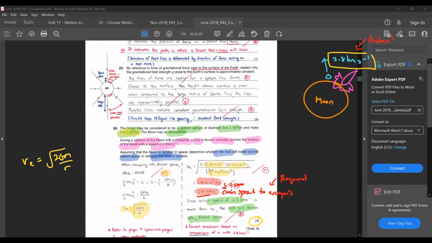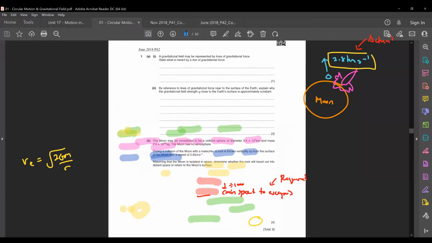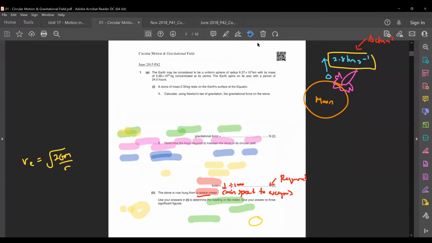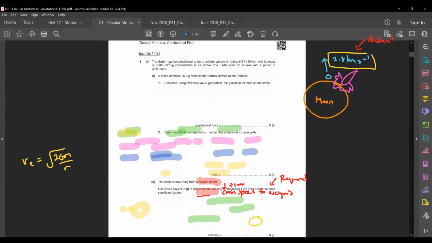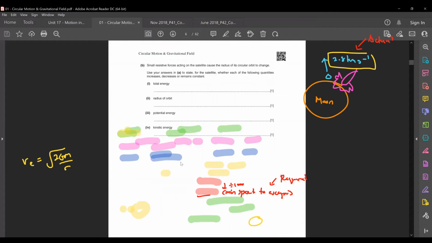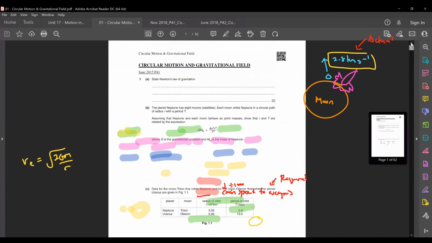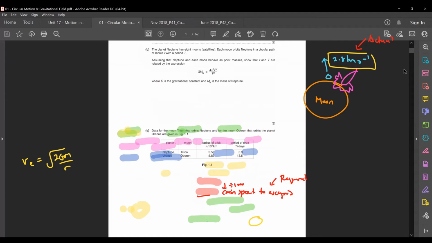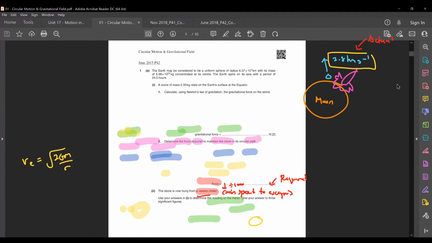So this is one. Then I go to another question. This is actually the more difficult one. Then after that, I'll move on to your new chapter, which is thermal properties. Thermal properties is relatively easy. Let me just find out the question. Where on earth is it? It should be somewhere around here.